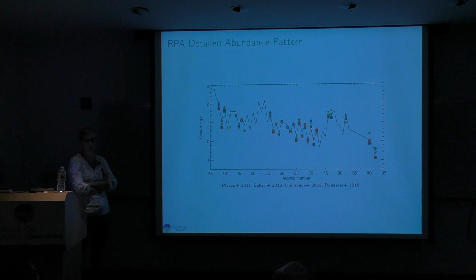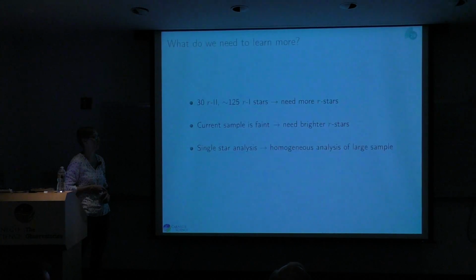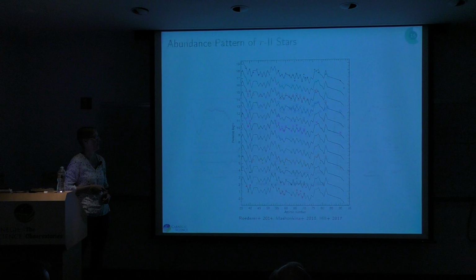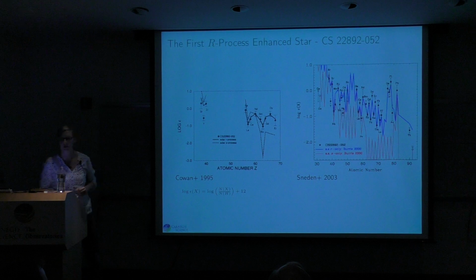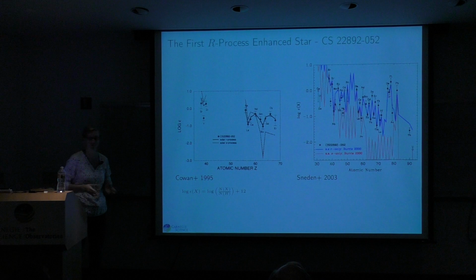So what most of the models do is compare to this star that I showed at the very beginning, this CS, the very first R2 star that was discovered. That one. And they just say, okay, we can match this one, so we're good. So we need to throw some more data at them and say, no, you need to match this as well and this as well, I think.